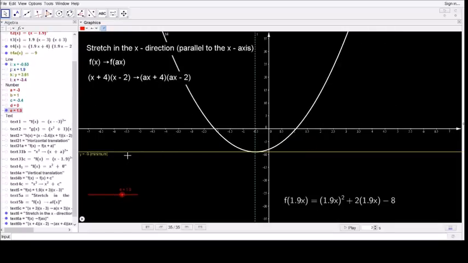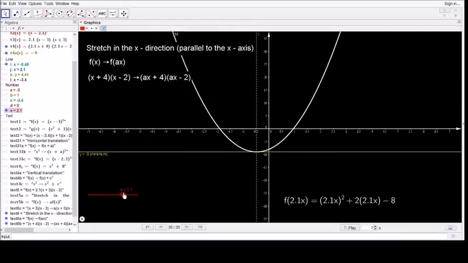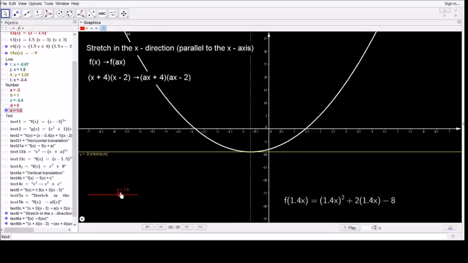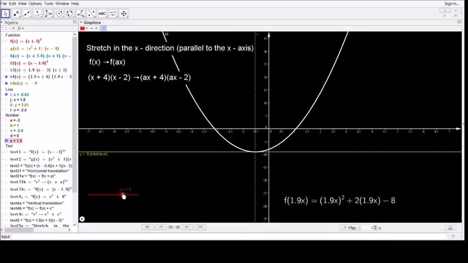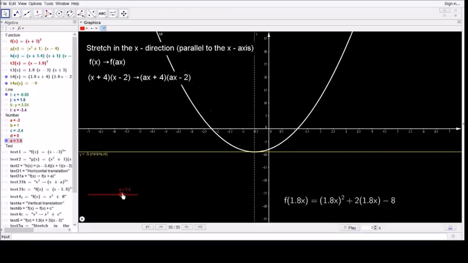The minimum value of y is -9, and it stays at that minimum value throughout the range of values of a in the transformation. In this particular example, with positive values of a, the vertex and the axis of symmetry lie to the left of the y-axis.